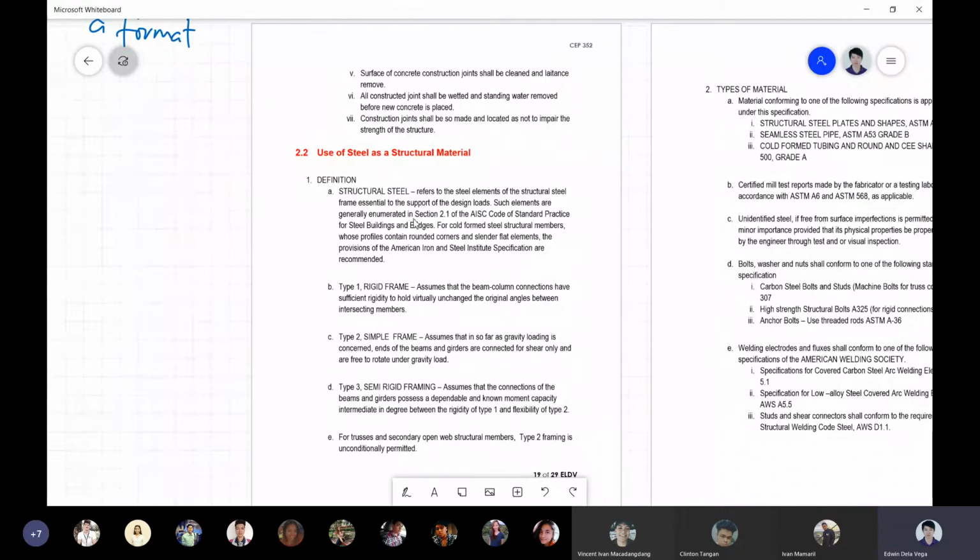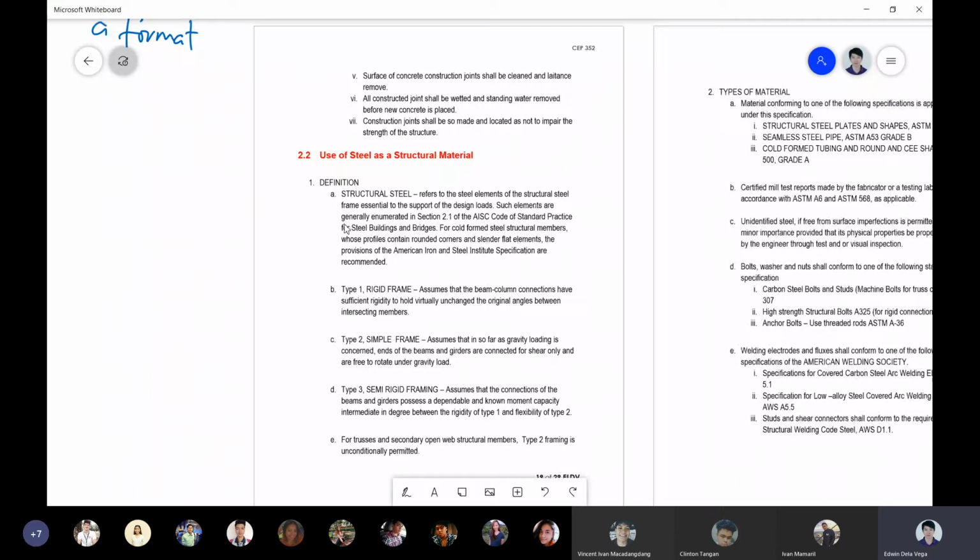As defined in this section, structural steel is the steel elements of the structural steel frame essential to support the design loads. Such elements are generally enumerated in section 2.1 of the AISC Code of Practice for steel buildings and bridges. And this is also the referral code of the NSCP.